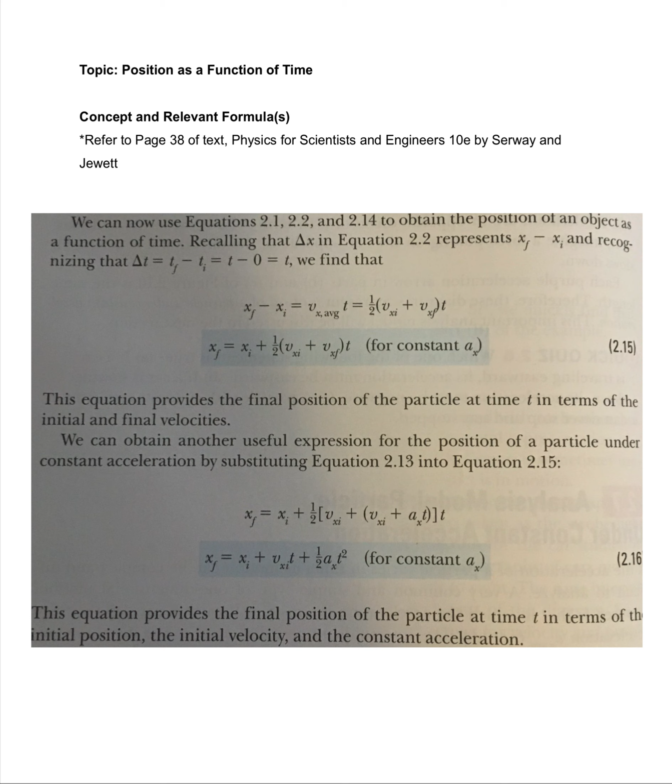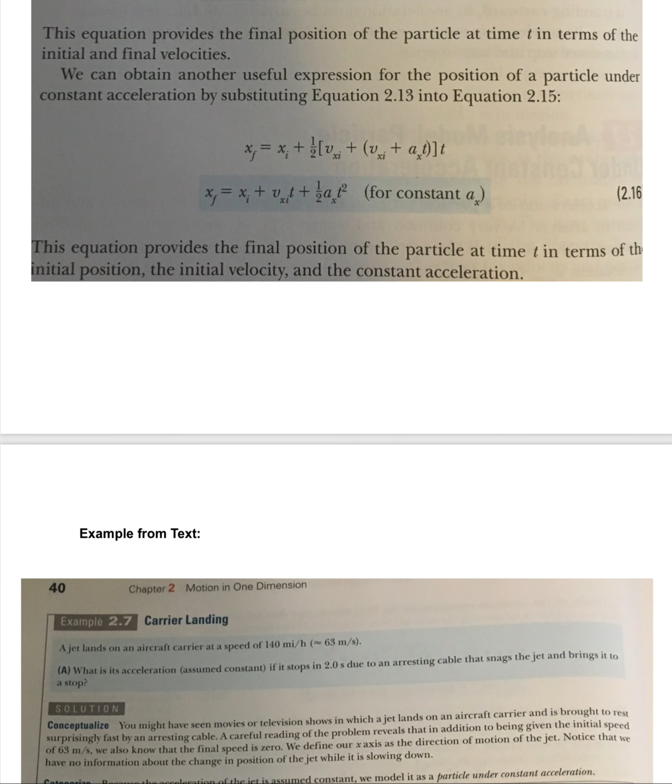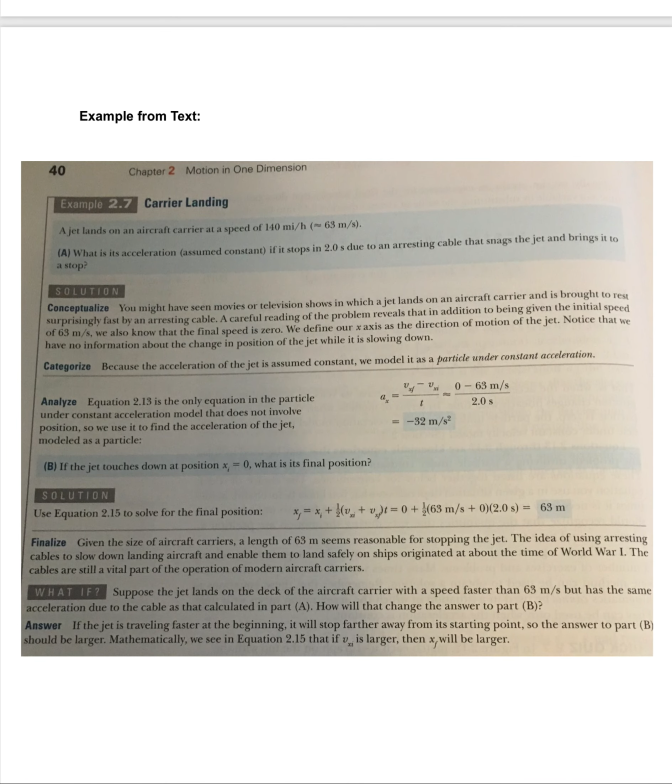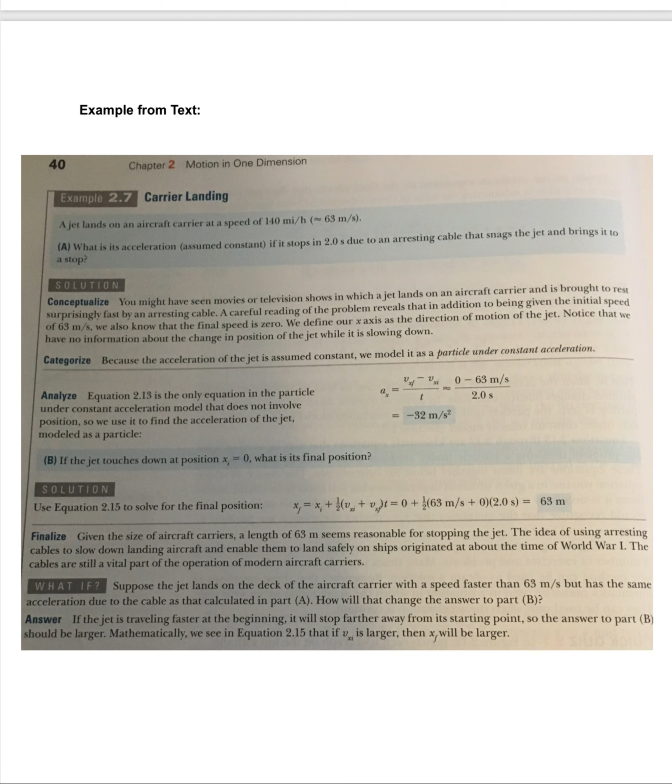Both of these can be used, but mainly the second one is the one we're going to be focusing on. The example from the text on page 40 is a two-part example solving for the acceleration first, and then to solve for the final position.